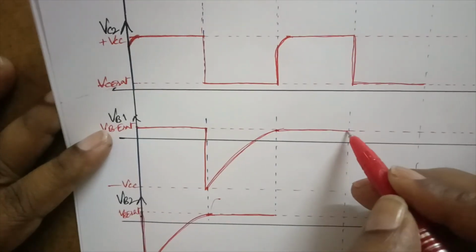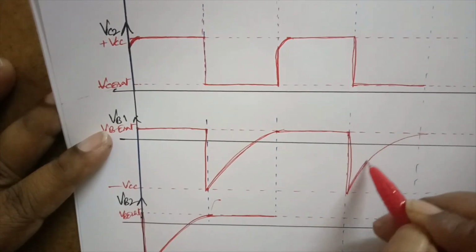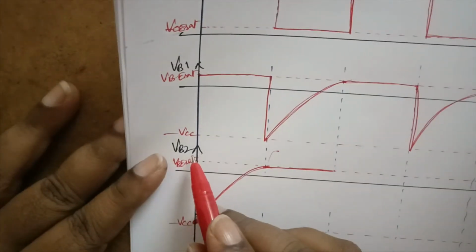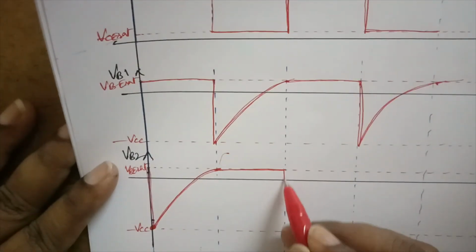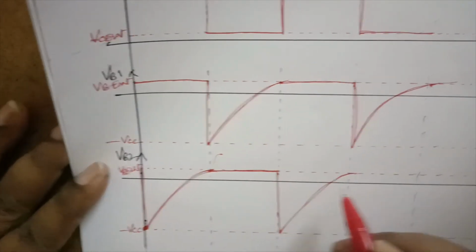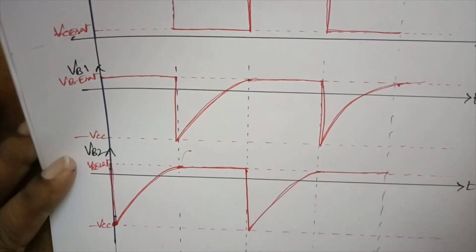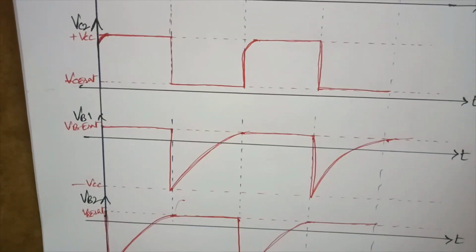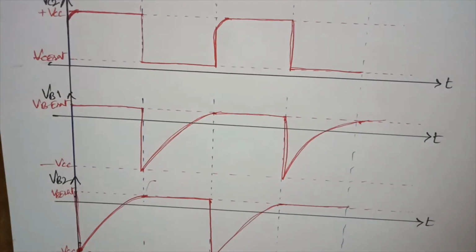When Q1 is off, it charges exponentially from minus VCC. Next, VB2 is the input of Q2. When Q2 is off, it increases exponentially from minus VCC. When Q2 is on, it is VBE sat. So these are the waveforms of the astable multivibrator. Based on this, we derive the expression.